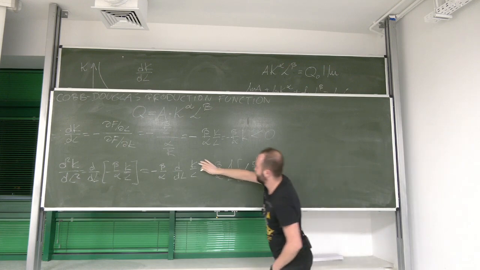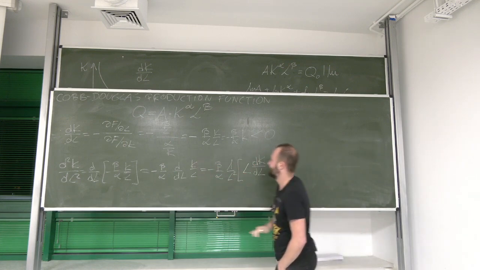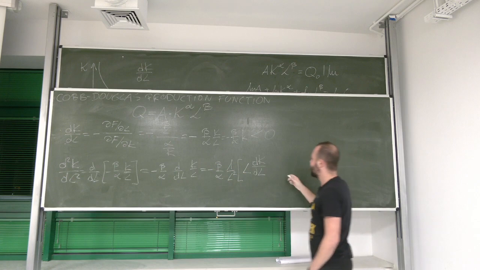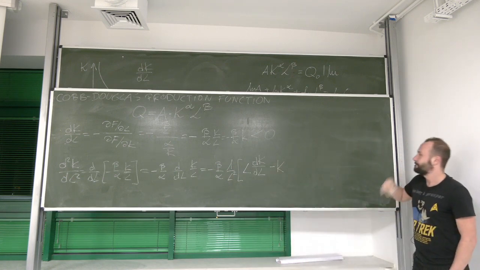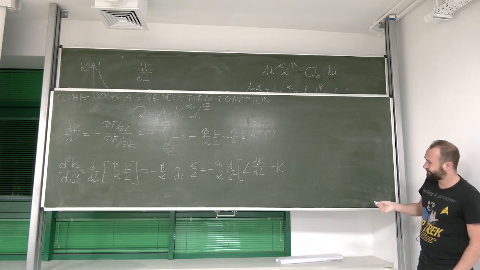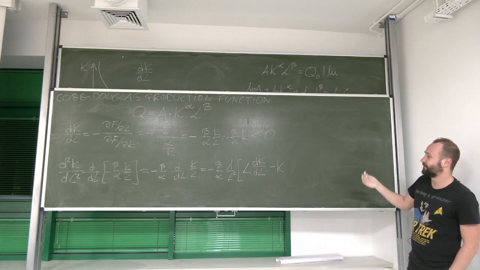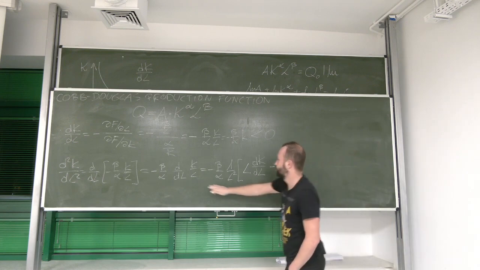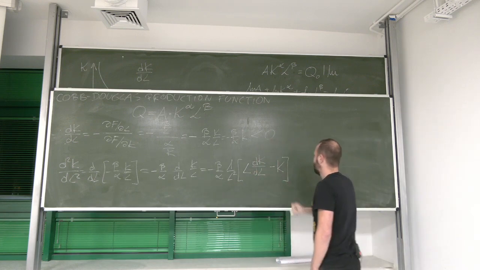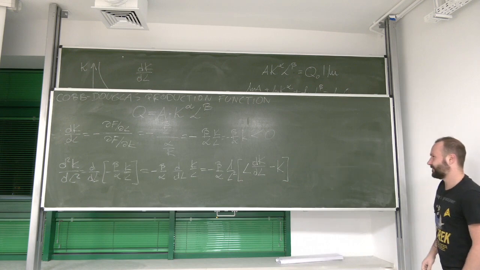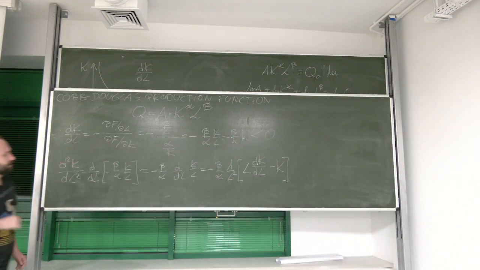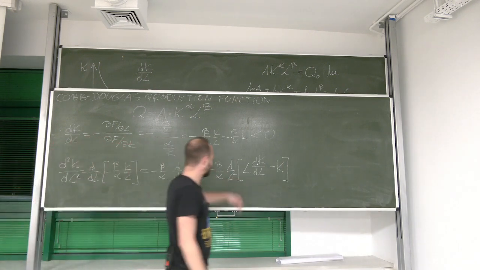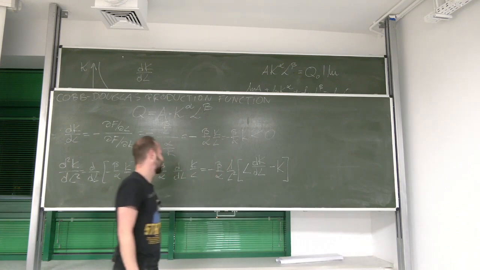Derivative of the expression on the top times the expression at the bottom. And now, minus the expression at the top times the derivative of the expression at the bottom, which would be 1. And if I'm not mistaken, this is going to be it.